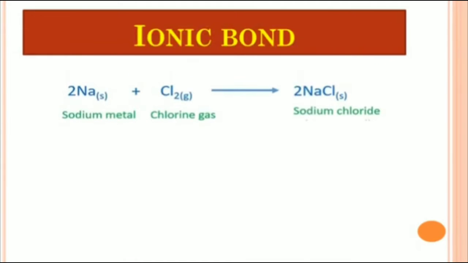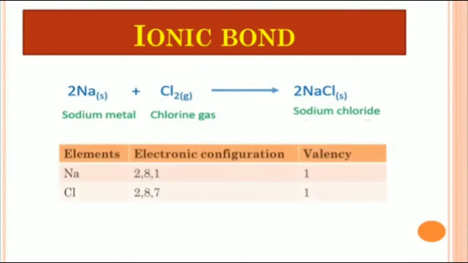Let us first see how the compound sodium chloride is formed from the atoms of the constituent elements sodium and chlorine. For this purpose, let us see the electronic configuration of sodium and chlorine. Here there are two elements, sodium metal and chlorine gas.